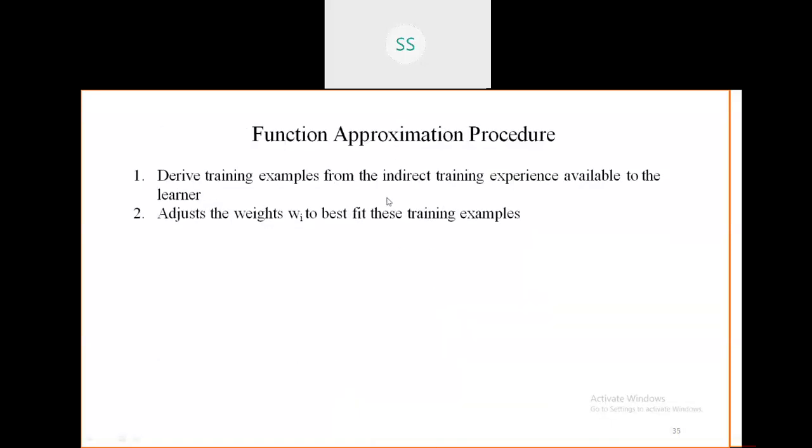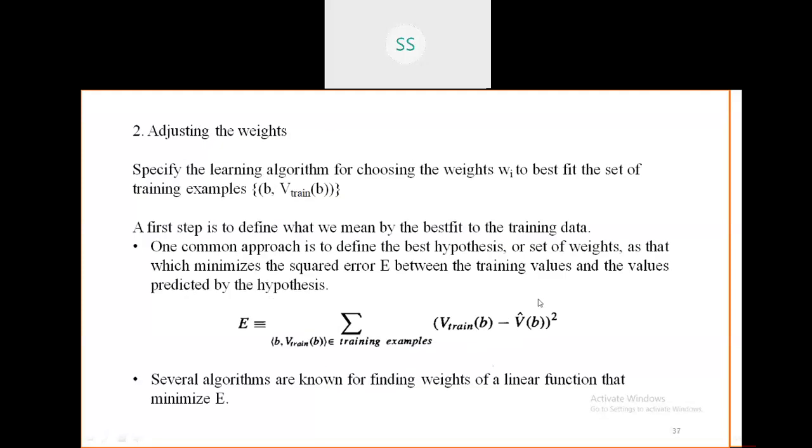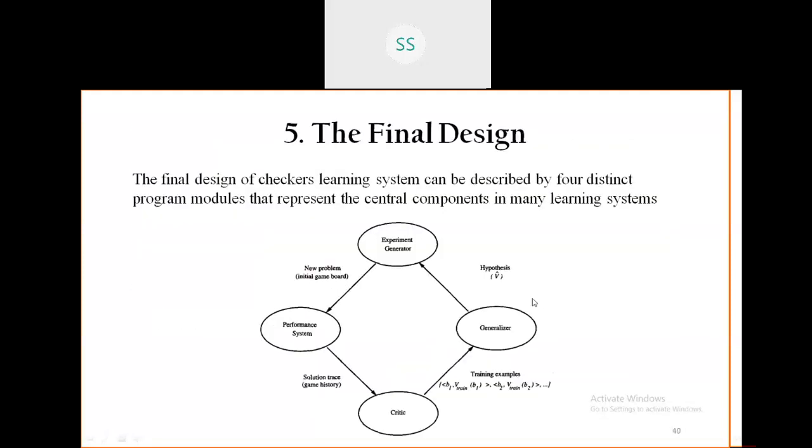And the approximation procedure we have seen: we estimate the training value for the successor based on the training value of the current instances. Once everything is over, we design the final system.